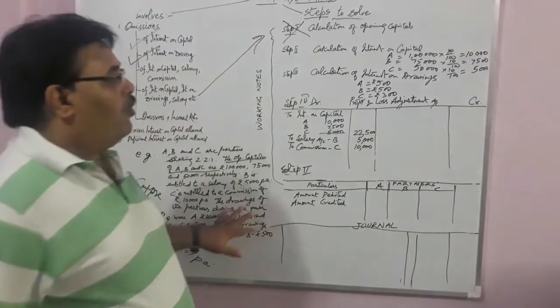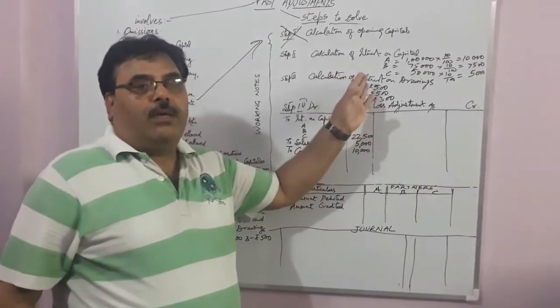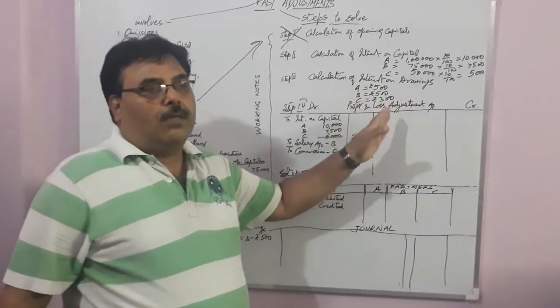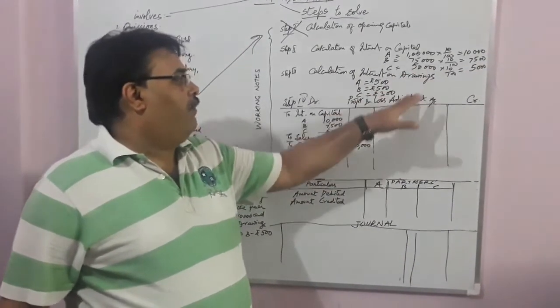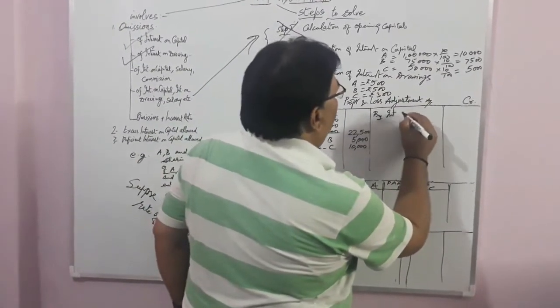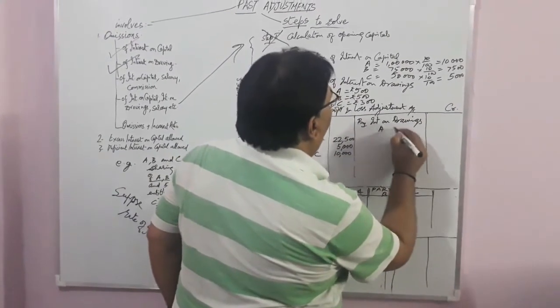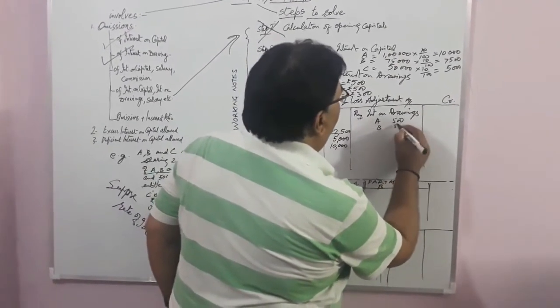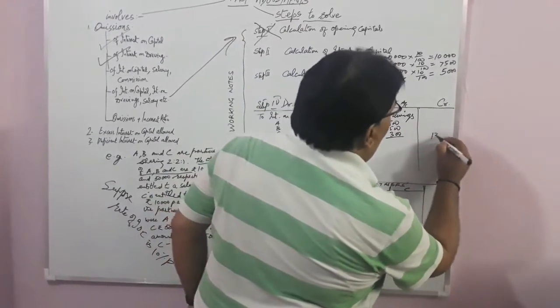Now the fourth omission was interest on drawings. Interest on drawings is a revenue for the business, so the credit side of the P&L adjustment account will reflect it. I will write down interest on drawings on the credit side: A 500, B 500, C 300. The total is 1,300.